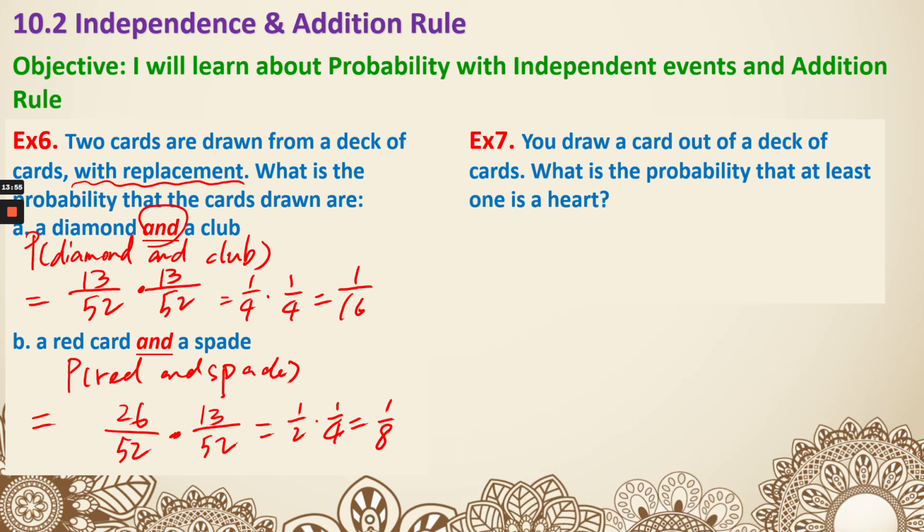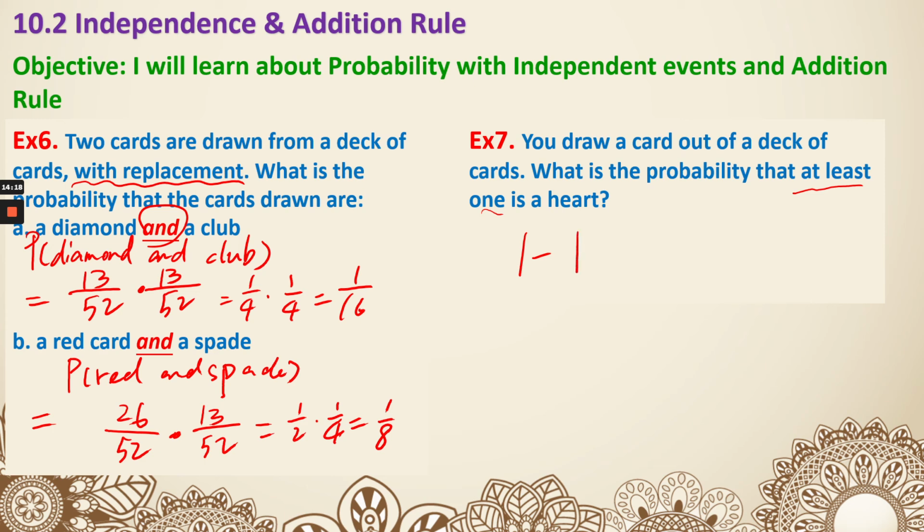You draw a card out of the deck of cards. What is the probability that at least 1 is a heart? Well, we have 13 hearts. If you actually want to do at least 1, you need to consider 1 heart card, 2 heart cards, 3 heart cards, 4 heart cards. That's going to make too many cases and be so complicated. So instead, we're going to deal with the opposite.